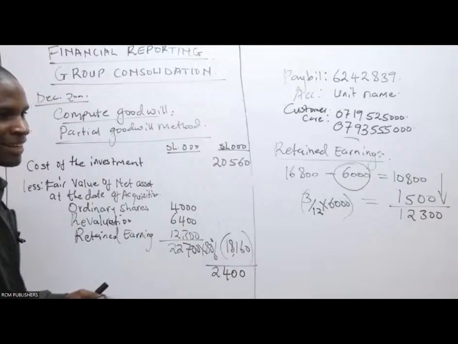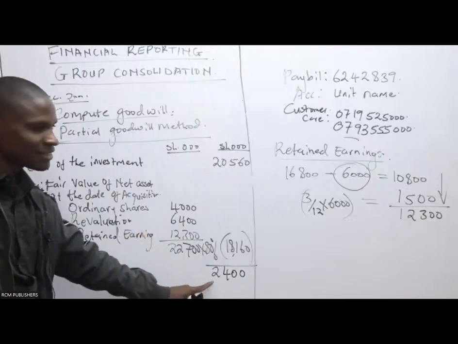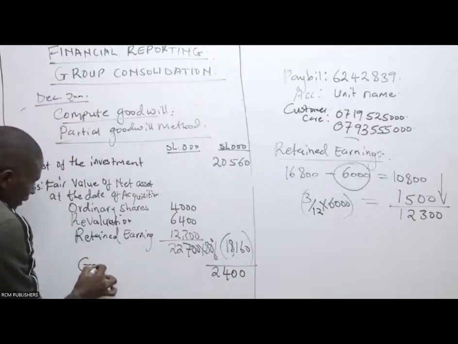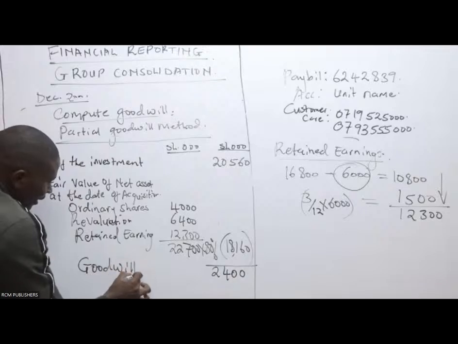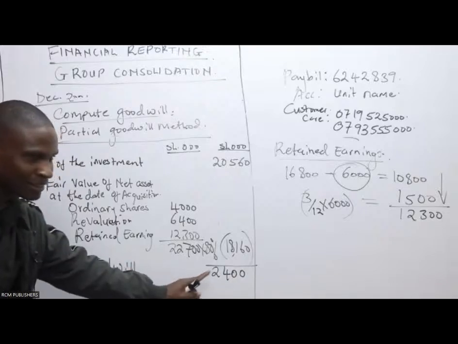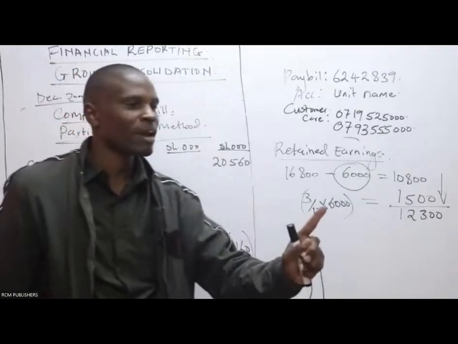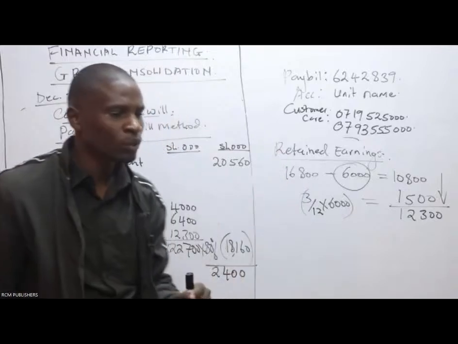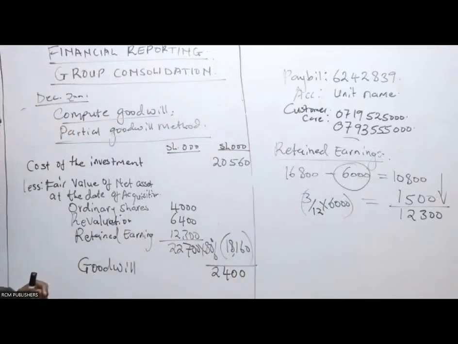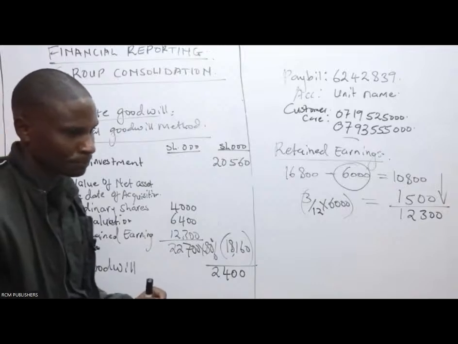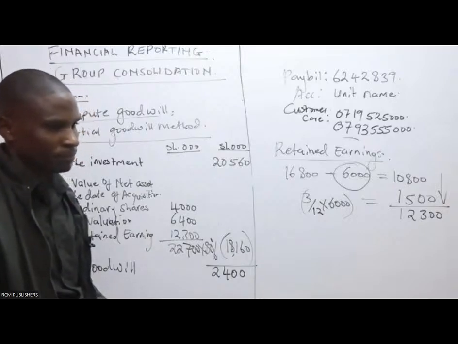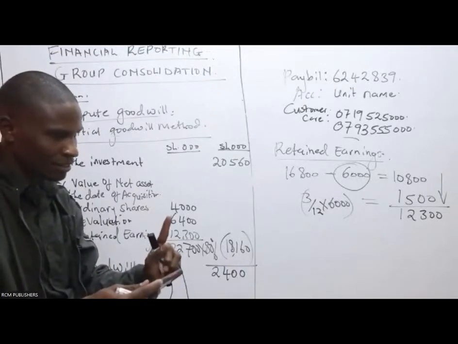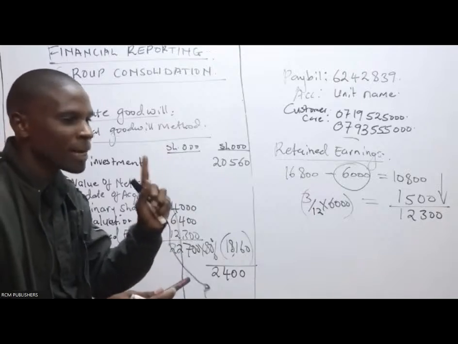Now, this is very good. This is our goodwill. And since we are told that there was impairment, of how much, which percentage? Let me check the question, the last point: 25%.